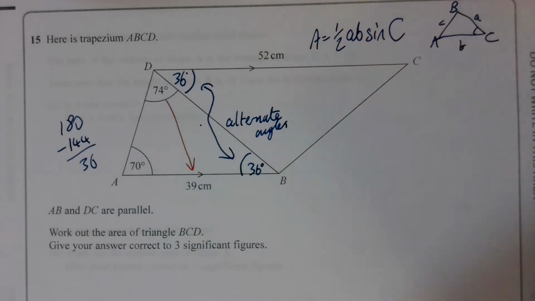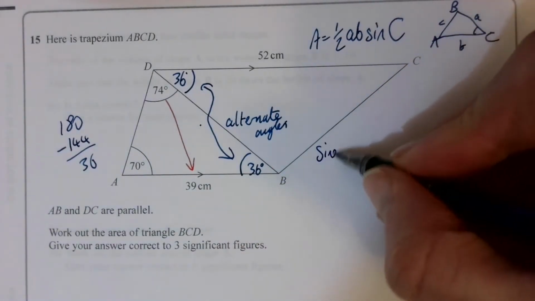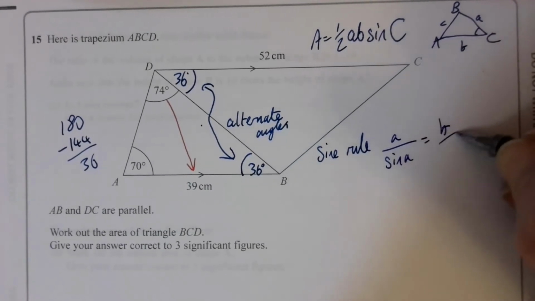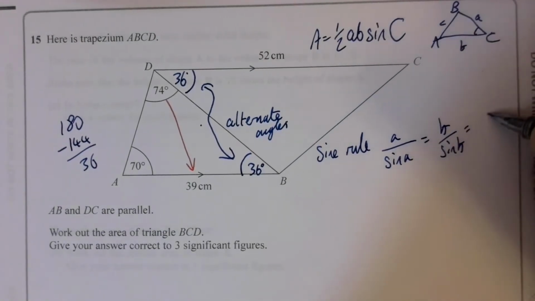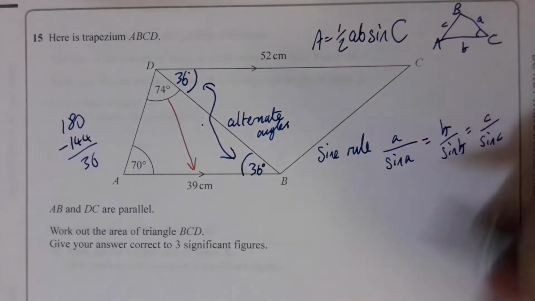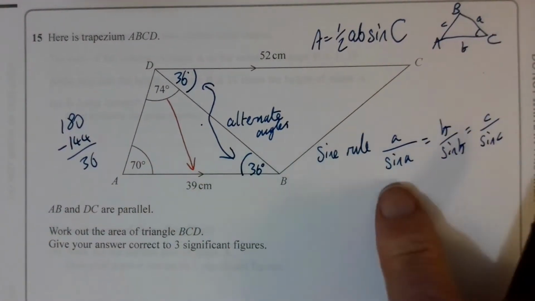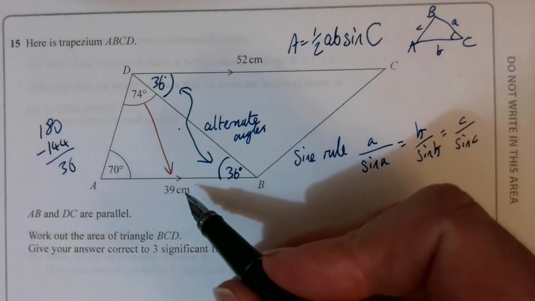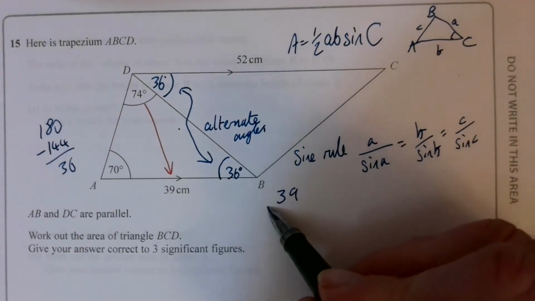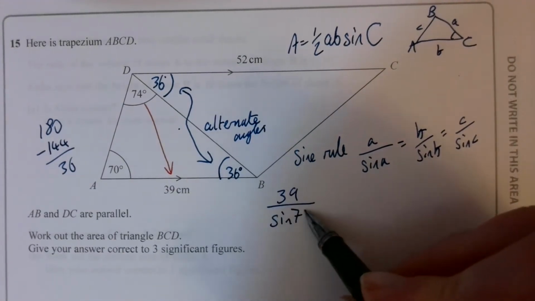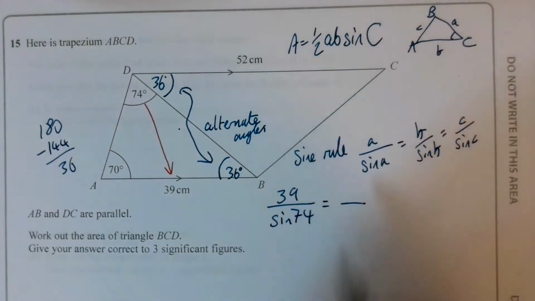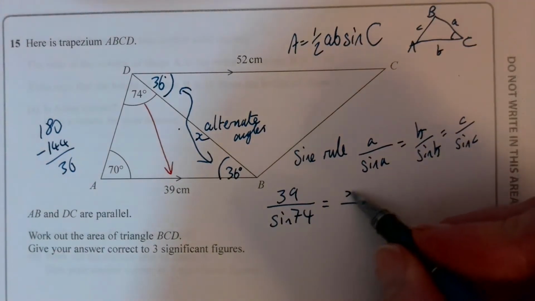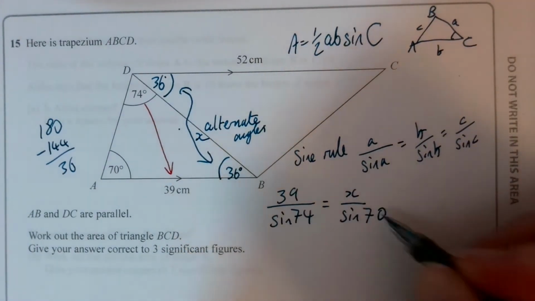If you remember, the sine rule is A over sine A equals B over sine B equals C over sine C, and you can do them all the other way up as well, and you only need two parts of it. So that's going to mean I've got 39 over sin 74 is going to be equal to, if I call that length there that I want to know, x over sin 70.